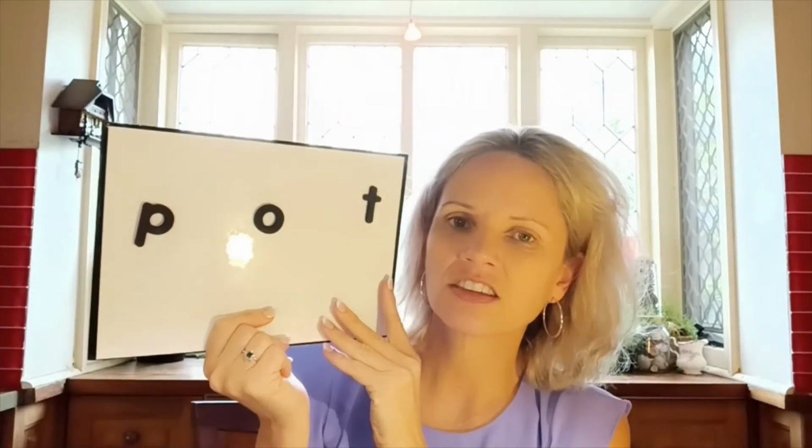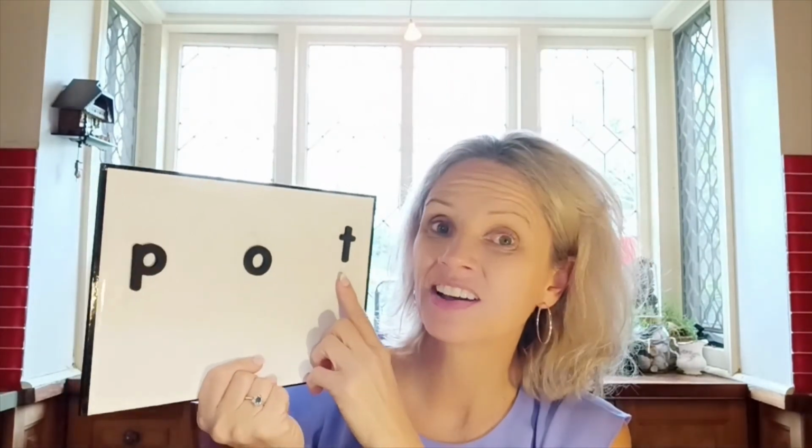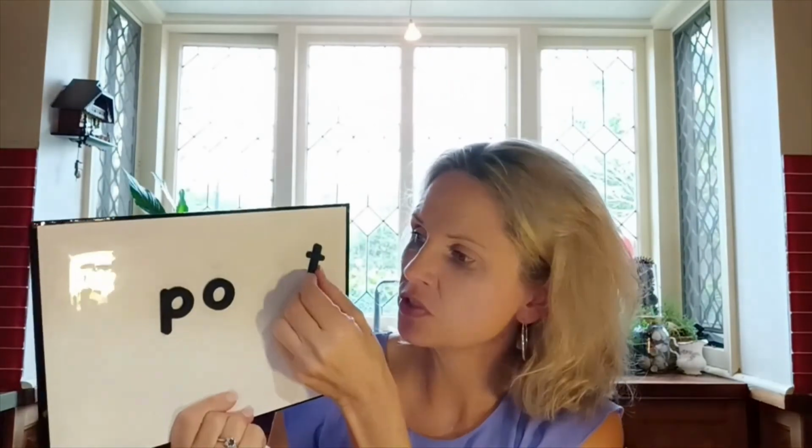Then, before you finish there, have a go at doing the same activity, but have your P on this side and your T on that side. And then, before you know it, your child has actually been able to create or read 2 words, pot and top.